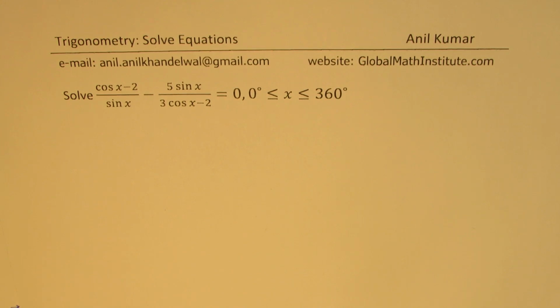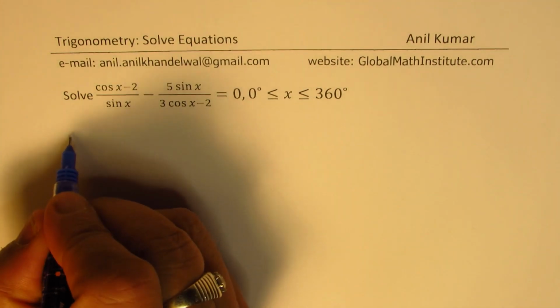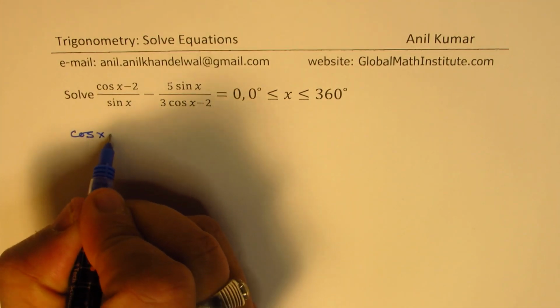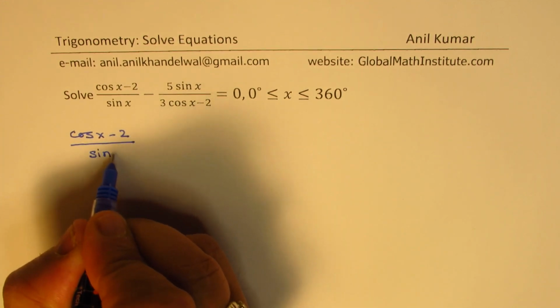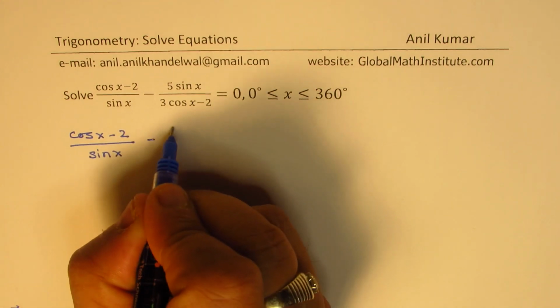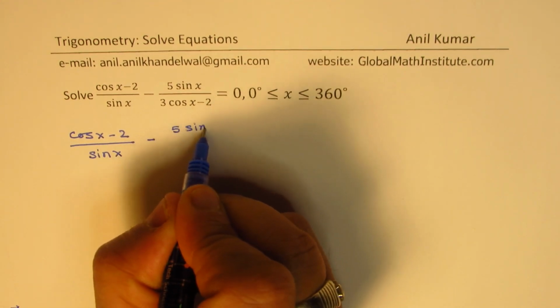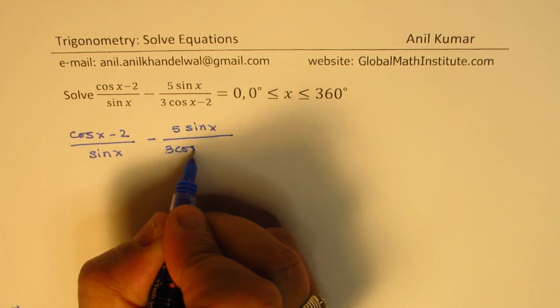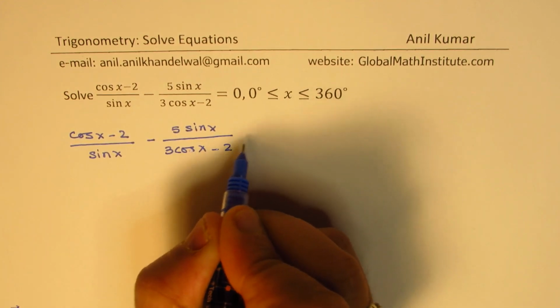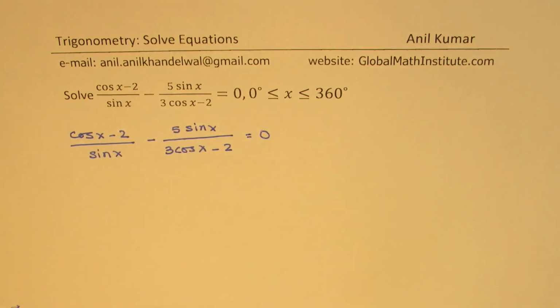So the question before us is (cos x minus 2) over sin x minus 5 sin x over (3 cos x minus 2) equals 0.